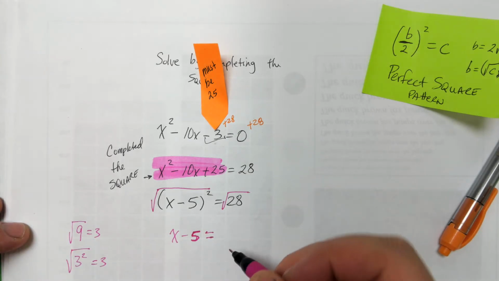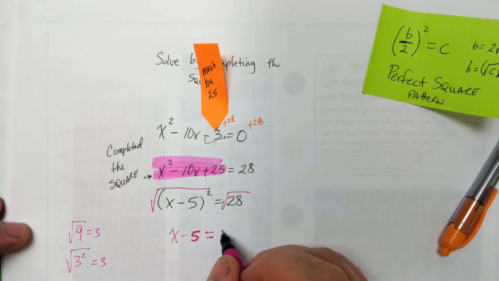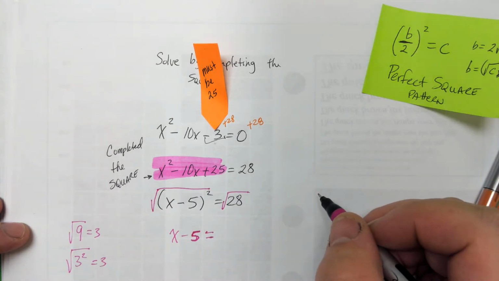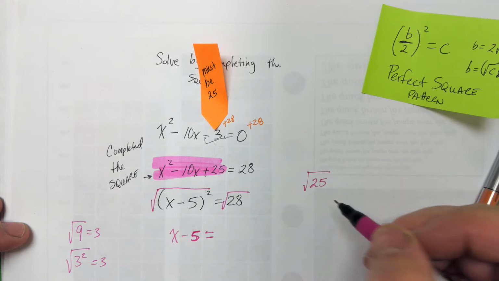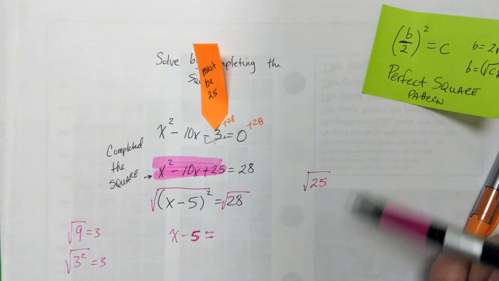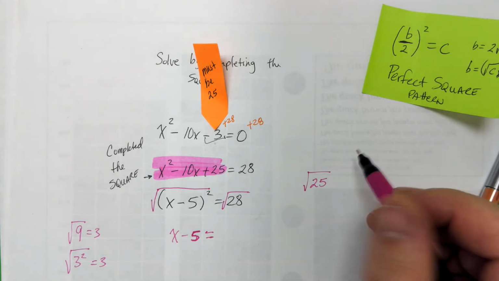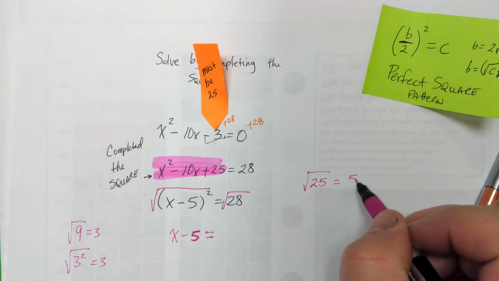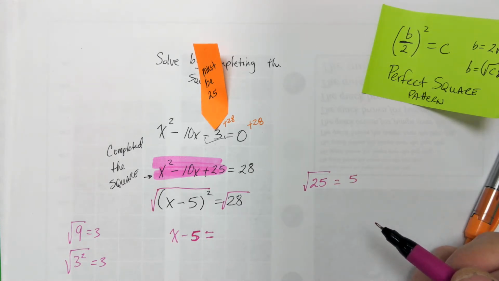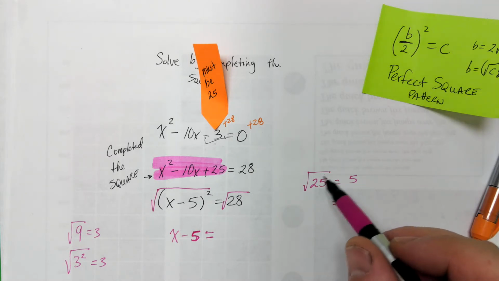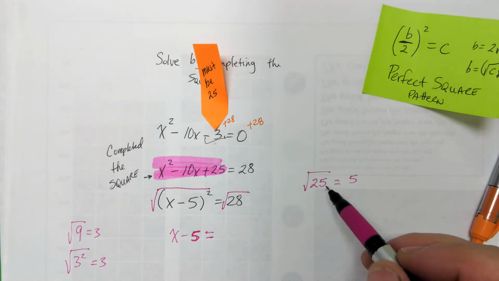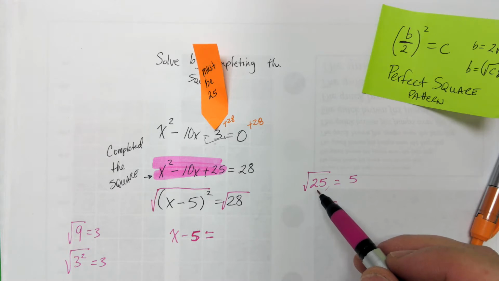I'm going to write something that might confuse you, but watch. Before I write it down, let me show you this. That's 5. Do you guys agree this is 5? Yeah. There's another answer. This is asking what number times itself equals 25.